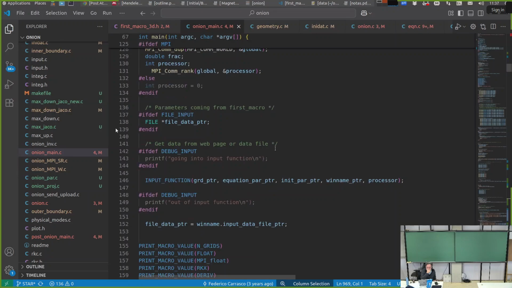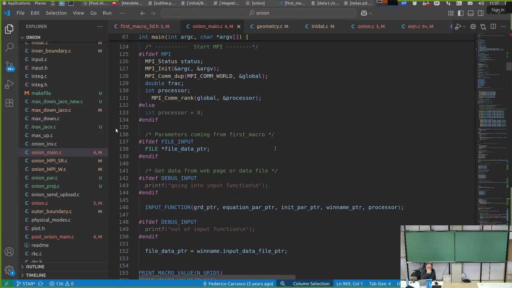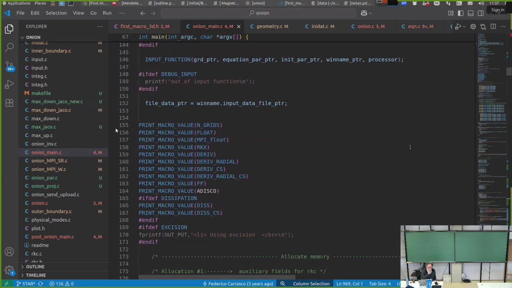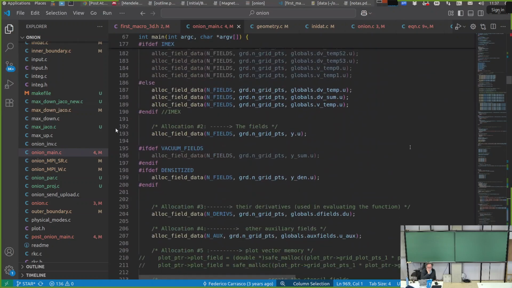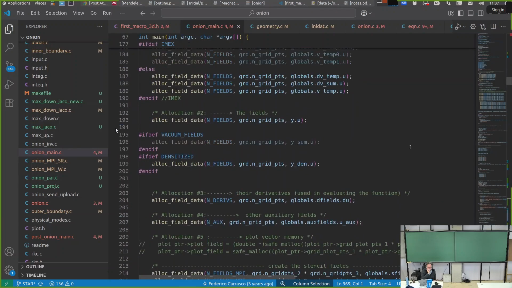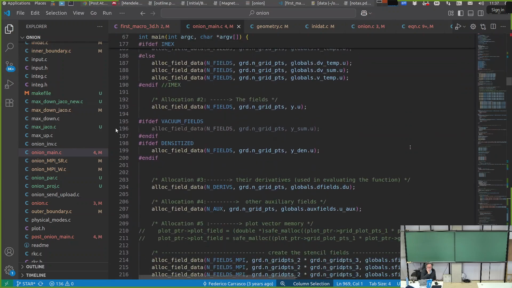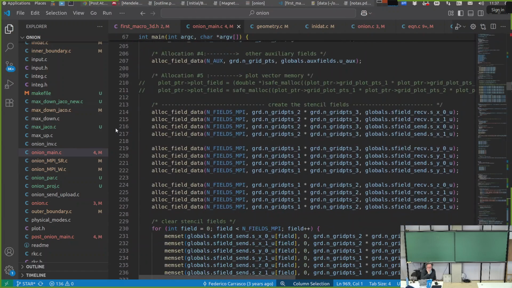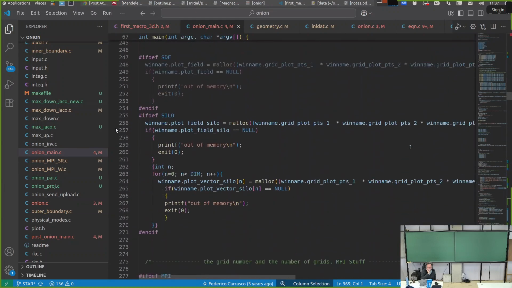So as I mentioned, each numerical grid will run independently in an MPI process, and they will only share information of the interfaces among the different MPI processes. So all of this is handled in the central function, the main code. Here, all the variables, the fields are allocated. All the memory allocation happens here.